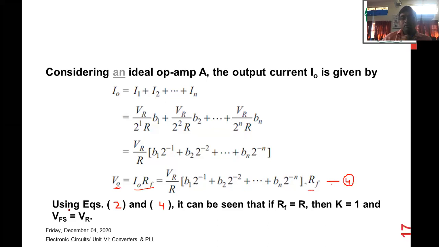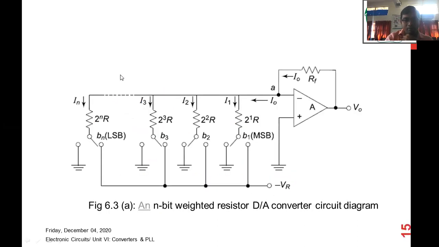So using this, you can correlate with the diagram. If you do not remember the diagram, you can refer to it: I1 is VR upon 2R, VR upon 4R, VR upon 8R, like this.